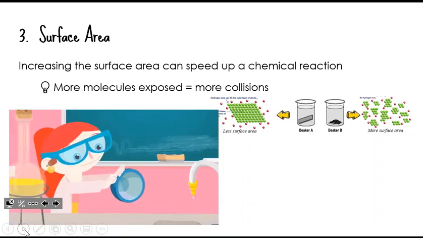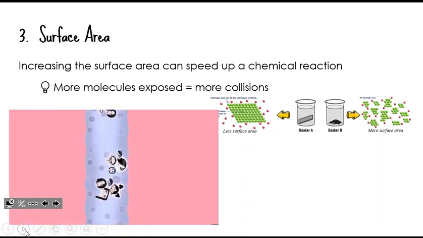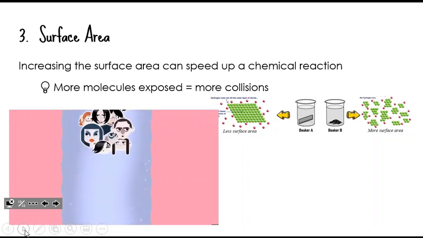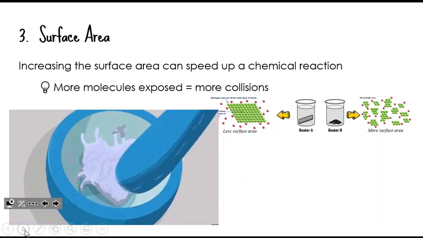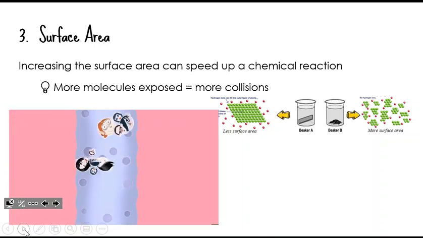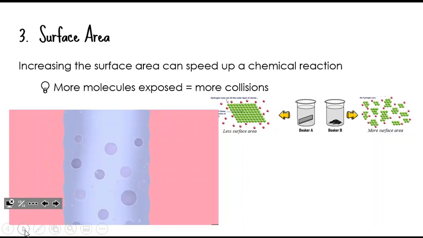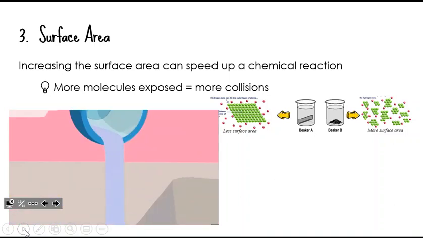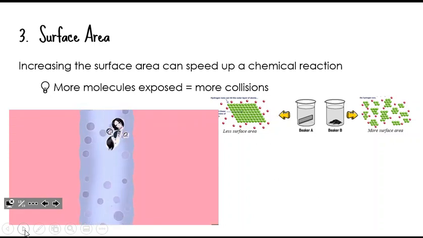More molecules exposed means more collisions and a more likely chance of a reaction occurring. So for surface area, you can grind large crystals into powder. For metals, you can get shavings by shaving them down. So there are ways to do it so that it will react faster.